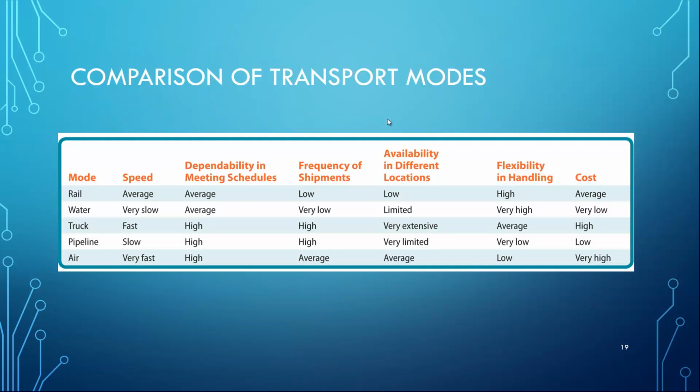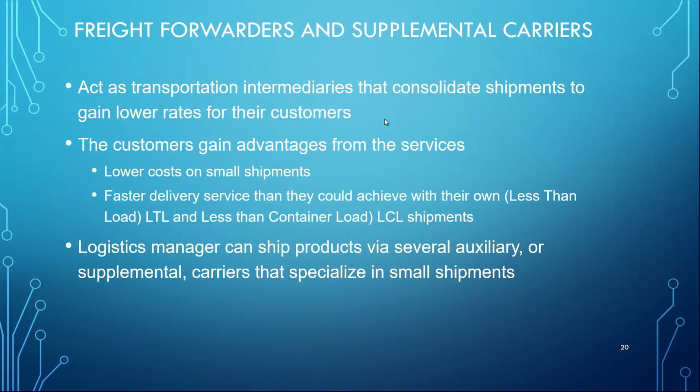This table provides a comparison matrix between the different modes in speed, dependability, frequency, availability, flexibility, and cost. Trade-offs might be required based on the item to be shipped. The demand created third parties called freight forwarders and supplemental carriers.